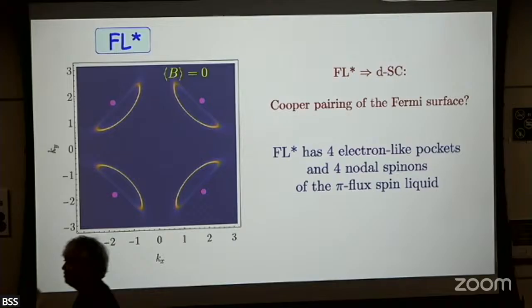The backside of the pocket. So is it just the quasi-particle residue that's getting very small? Yes. And if I look at deeper energy, all that weight sort of comes back.